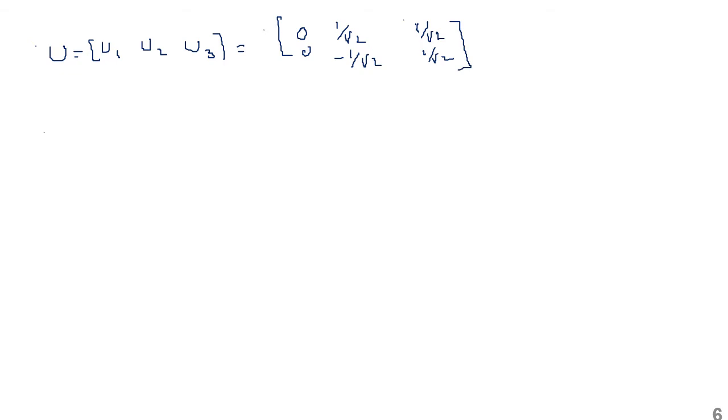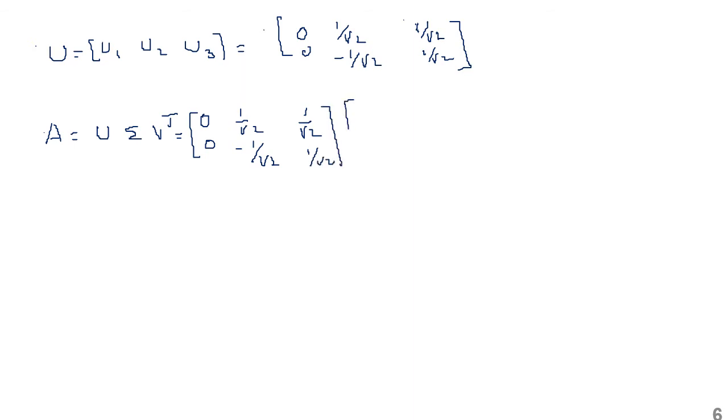Finally, we can obtain A using these three matrices U, sigma, V transpose. U is given by 0, 0, 1 by root 2, minus 1 by root 2, 1 by root 2, 1 by root 2. And sigma is 0, 0, 0, 0, 3, 0, 0, 0, 5.